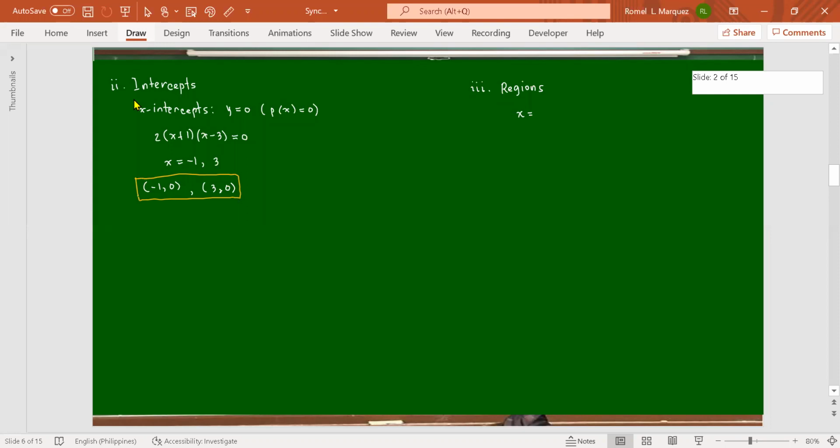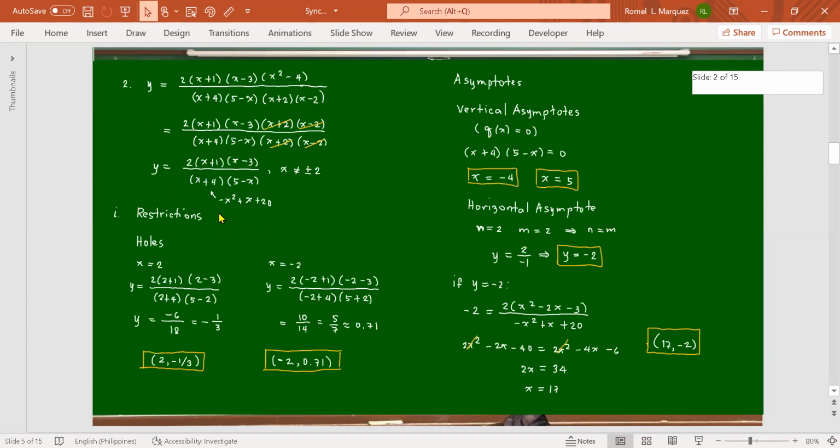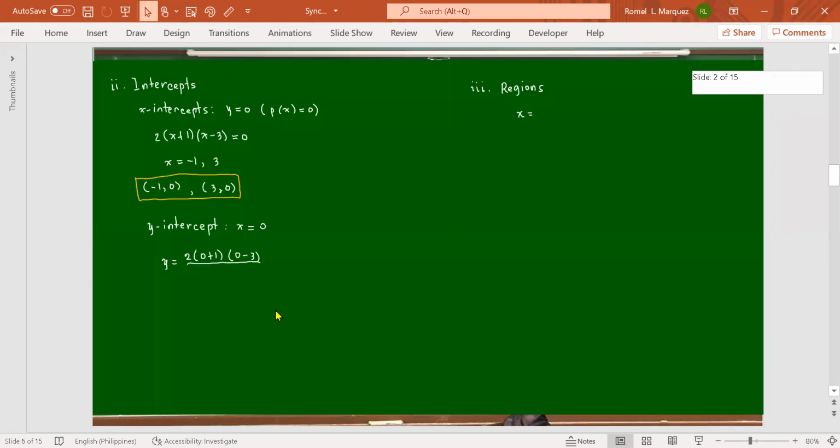Next, what about the y-intercept? Is it intersected along the y-axis? Isa lang yun if there is. So we let x be 0. So 0 ang x, so y is equal to, in the simplified, 2 times 0 plus 1, 0 minus 3. What about the denominator? Ano ba yung denominator? X plus 4, 5 minus x. 0 plus 4, 5 minus 0. What is this equal to, guys?